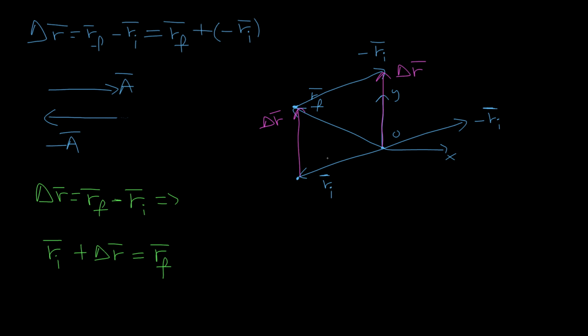Now, this expression is telling us if I have the R initial and I add the change, I should get the final position, which is what we have right here. This is our final position. The initial plus the change is equal to the final position.